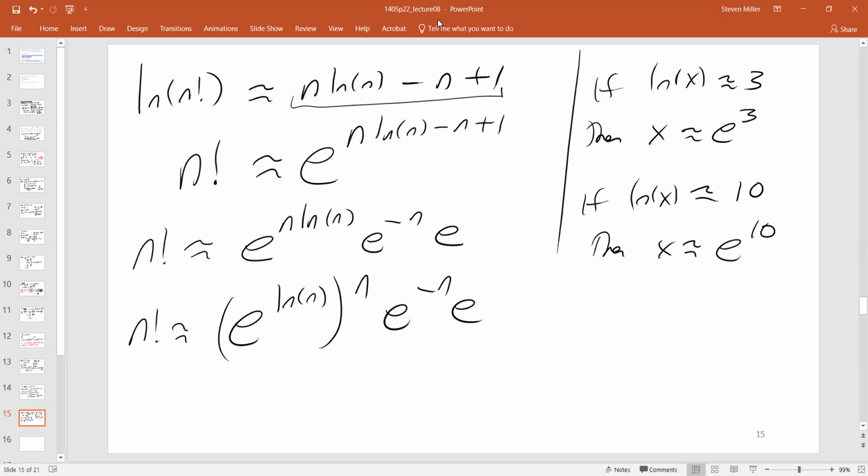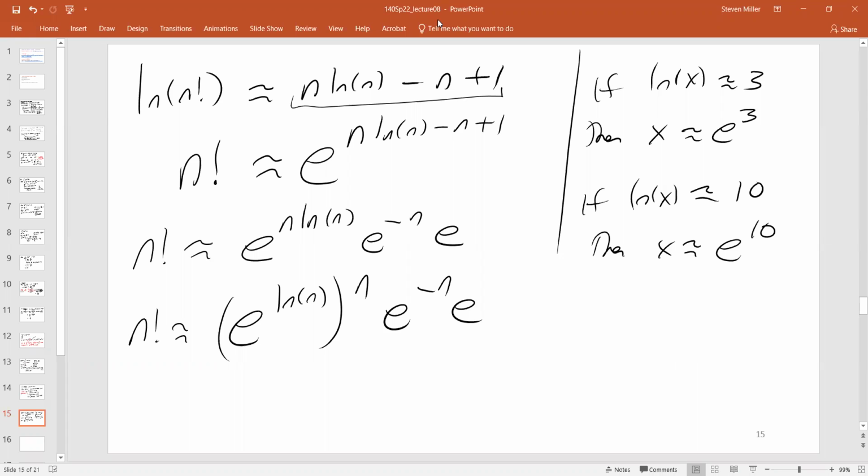It's just n. The natural log of n is how many powers of e I need to get n. I raise e by the number of powers of e I need to get n.